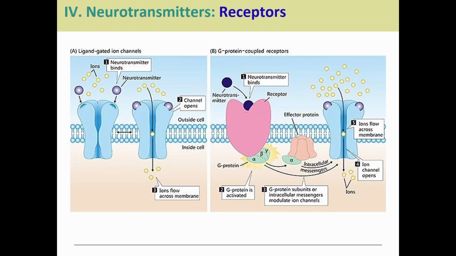With G protein coupled, again, the receptor and the channel are separate, and the G protein is the go-between. When the neurotransmitter binds to the receptor, it activates our G protein, which then works with effector proteins to open that channel. Both of them have the same end result, it's just the mechanism for opening it. Ligand-gated is very straightforward, whereas with G protein coupled, we have a couple extra steps in the mix.